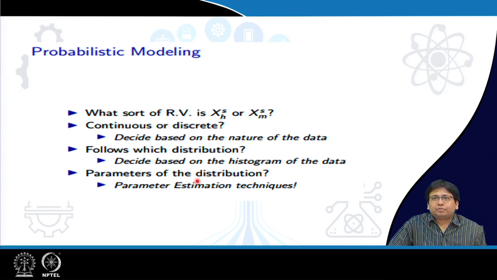The answer is that we will have to estimate the parameters from the data, from the observations, by parameter estimation techniques such as maximum likelihood estimate. Maximum likelihood estimate we may not cover in this class, but you are expected to read up more about it from various sources.